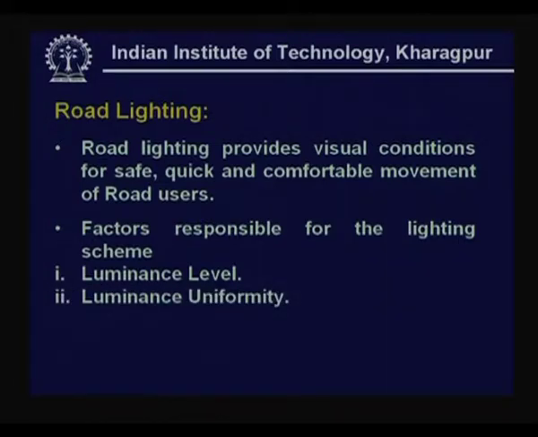In fact, uniformity of luminance is very important. We saw that even in case of sports lighting, where certain uniformity indices were developed, which were used to take care of conditions required for the sport on hand.